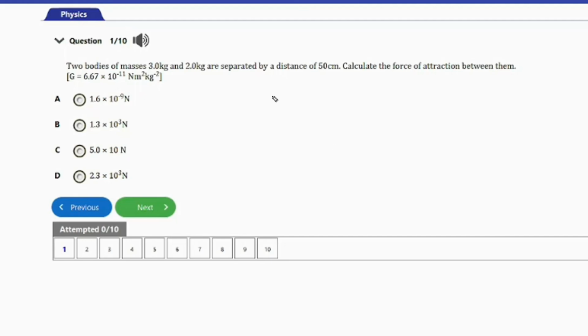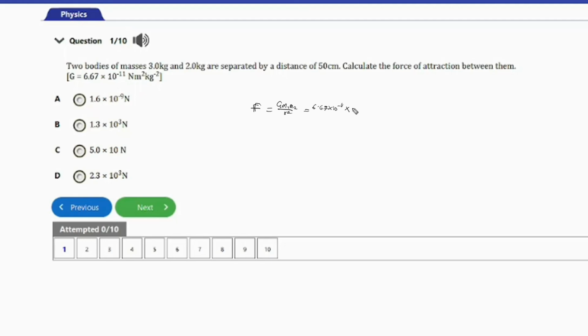So guys, the gravitational force here can be calculated as F is equal to G into M1 times M2 over R squared. So guys, the G is already given here as a constant, 6.67 times 10 to the power of negative 11.